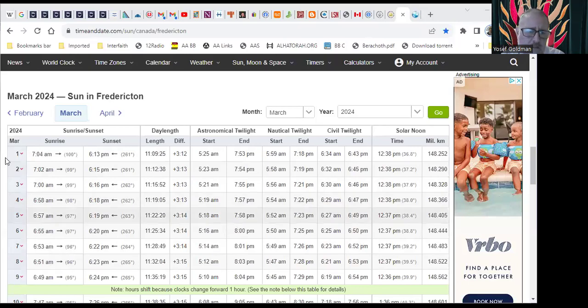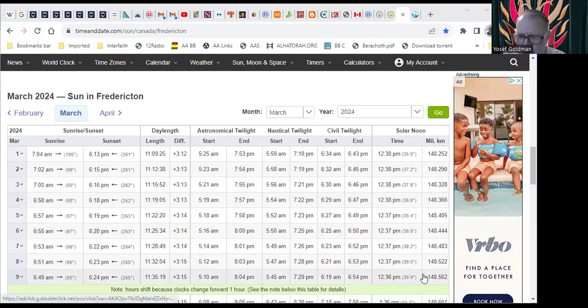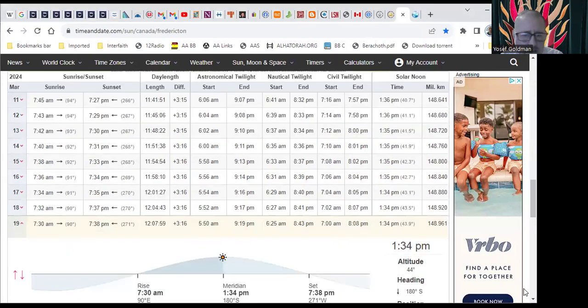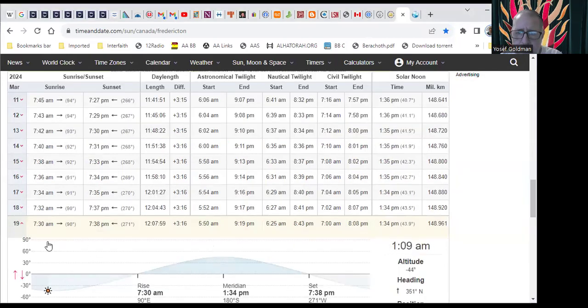They have here that sunrise is at 7:04 a.m. and then, that's low. Anyway, at the bottom here, today is the 18th or the 19th. So solar noon, okay, that's what we want to look at.